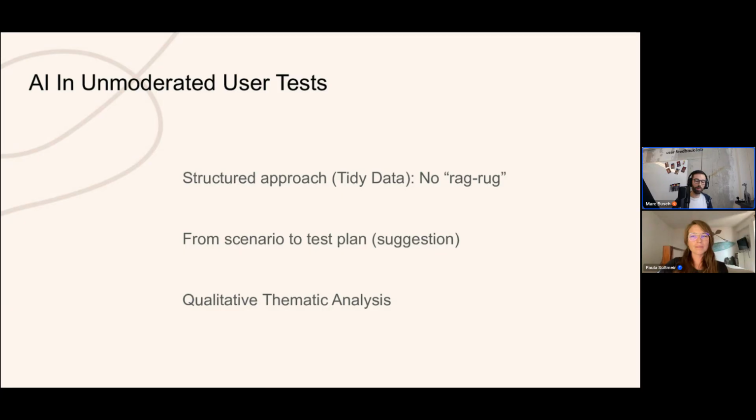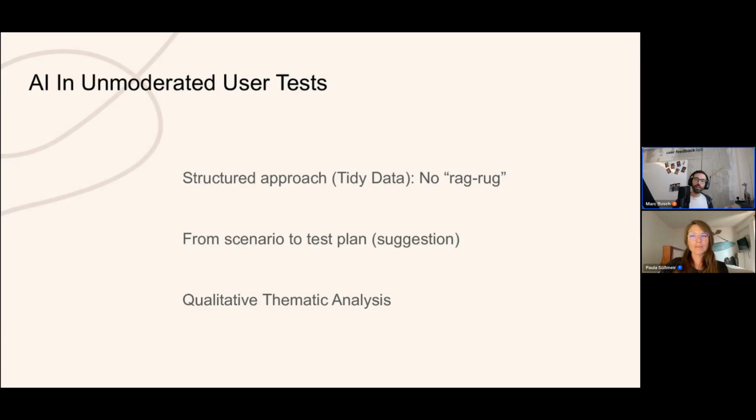So when we're talking about AI in unmoderated user tests, it does not mean, for example, AI-moderated interviews where people are probed in different ways and we create this ragtag data, but we want to have things clearly separated into tasks, observations, and indicators, to be able to identify the patterns, to aggregate with the help of AI, and to have a clear analysis.